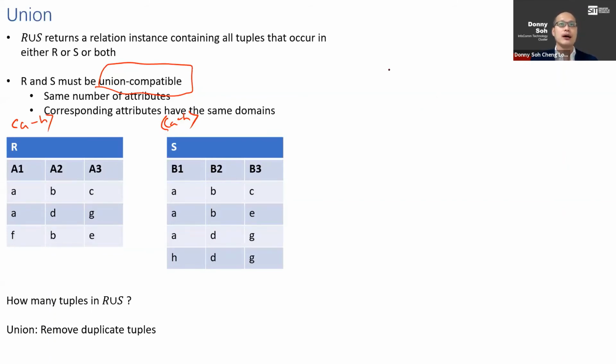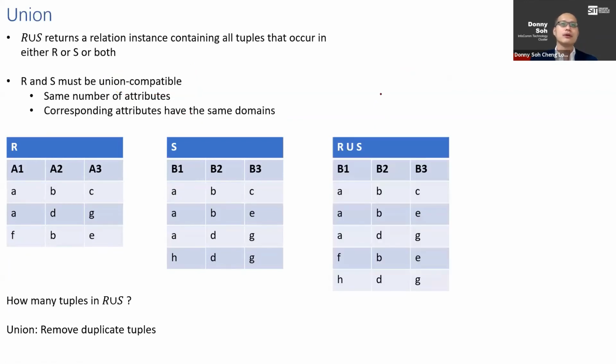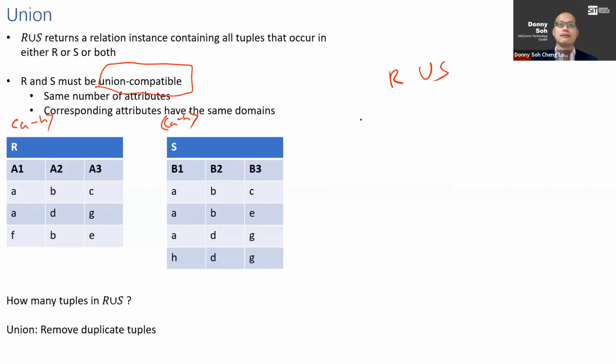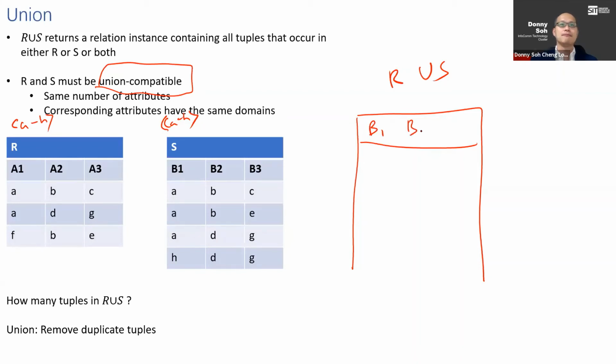So when we have R union with S, what we will have is a new table. We have a new table here. Let's say that we take the column names from the second.